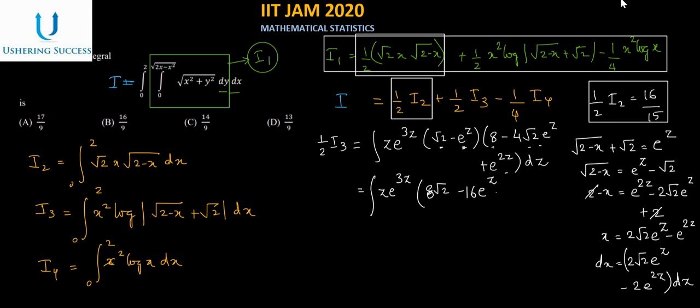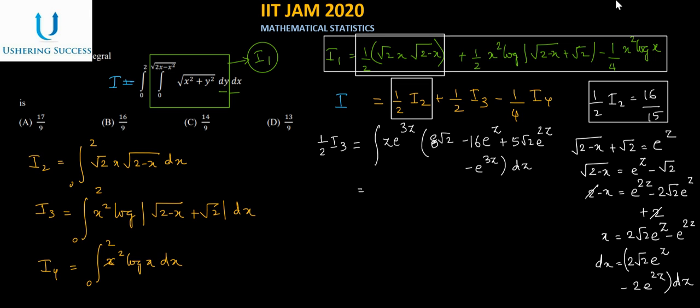That means plus 5 root 2 e to the power z, e to the power 2z, and the last term would be e to the power 2z multiplied by e to the power z, which is e to the power 3z with a negative sign. So minus e to the power 3z dz.